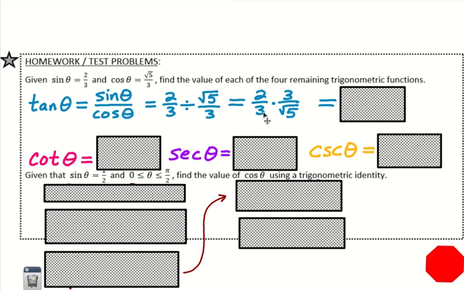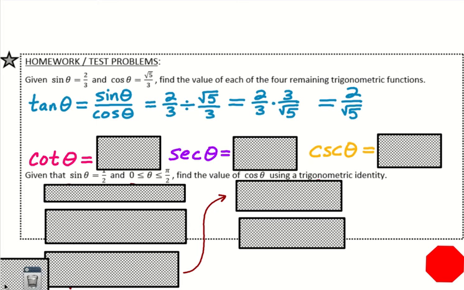Here, the 3's can cancel with each other, and we're going to get 2 over root 5 as my final answer for tangent of theta, which, again, I don't make you fix that. We could totally rationalize that denominator by multiplying top and bottom by root 5, but no need.